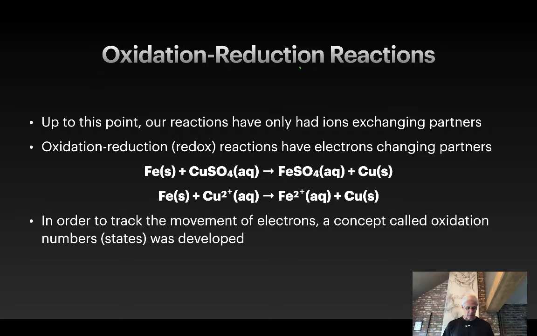and now we can really see where electrons moved from one atom to another. We see here in our reaction, our iron went from being iron in a zero oxidation state, so a solid, to a 2 plus. Well, to go from 0 charge to a 2 plus charge, it must have lost 2 electrons. Electrons can't just disappear during the course of a reaction, so they must have gone somewhere.